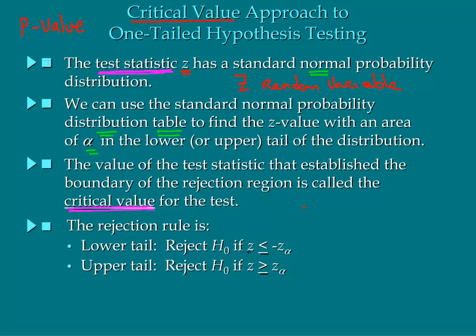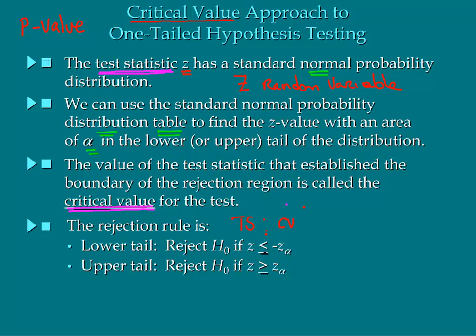You reject the null hypothesis if the test statistic is less than minus the critical value from the tables. This is the test statistic on this side, and this is the critical value on this side.